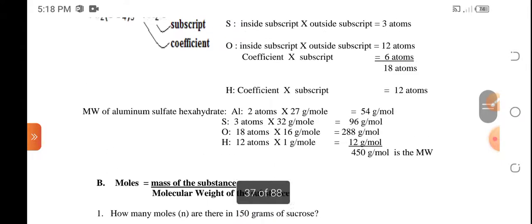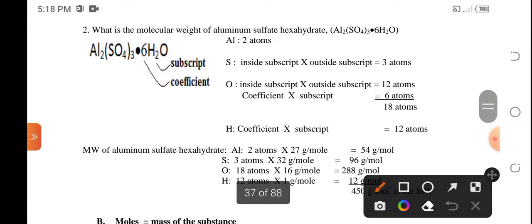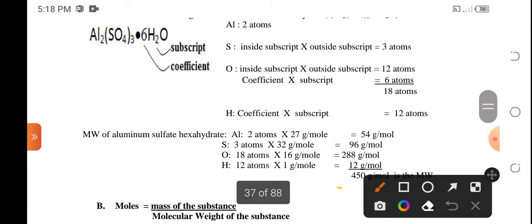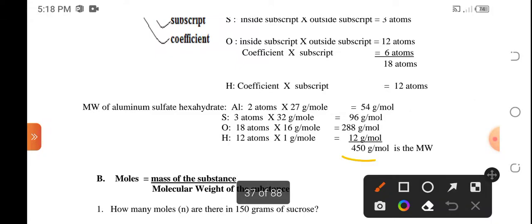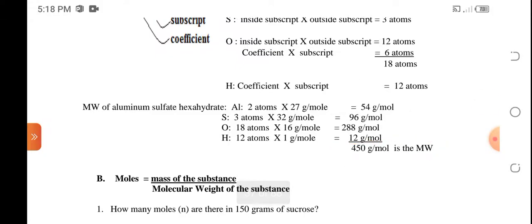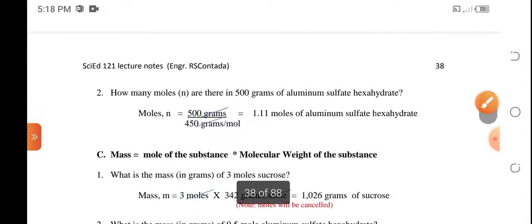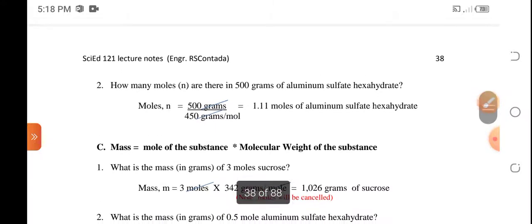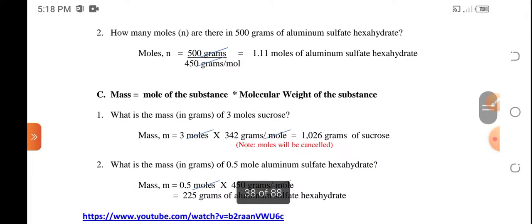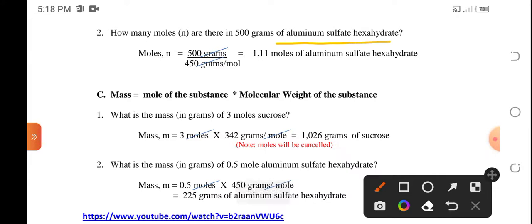Balikan natin yung discussion natin kanina. So, molecular weight of aluminum sulfate hexahydrate is 450 grams per mole.